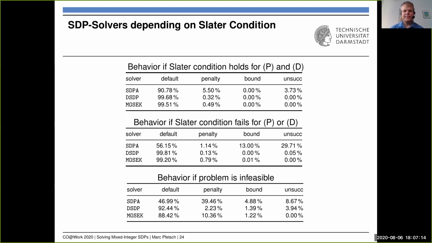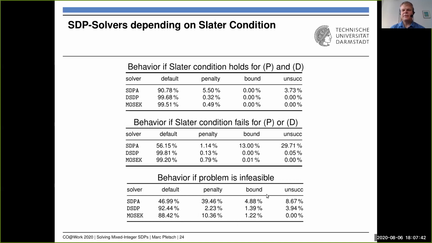or branching. So if the Slater condition fails, then the success rate decreases. It decreases significantly for SDP-A, but not so much for the other two. And if the problem is infeasible, at least DSDP and Mosaic are usually successful in deciding it, but very often we need the penalty formulation to decide.